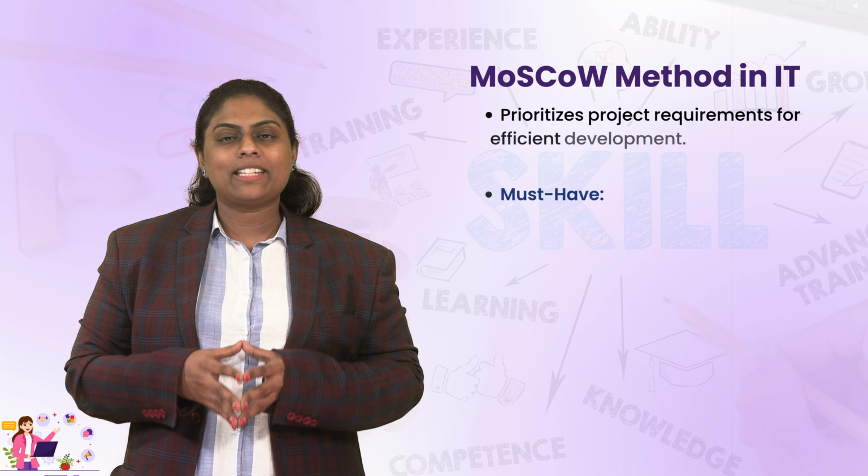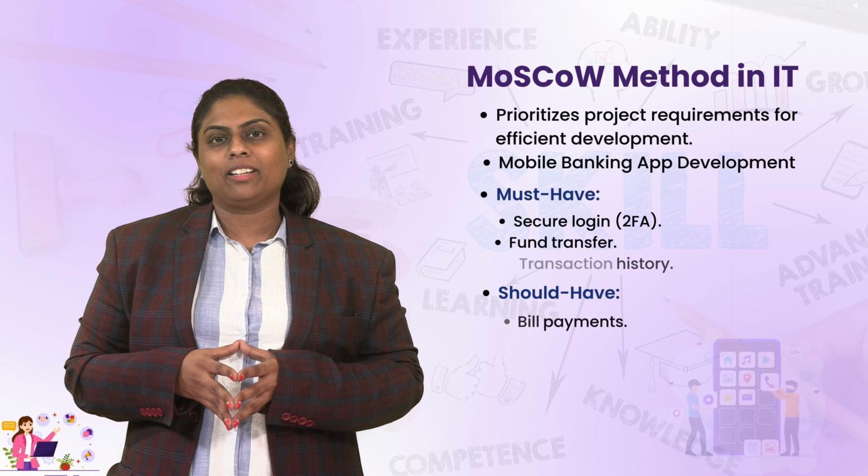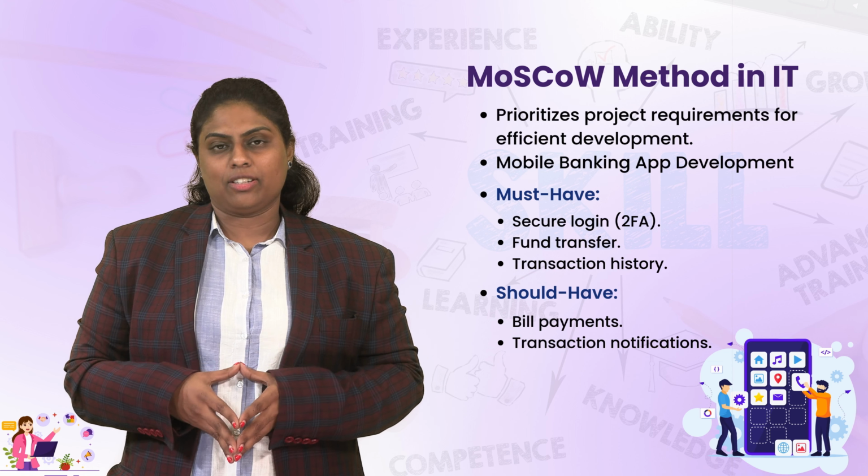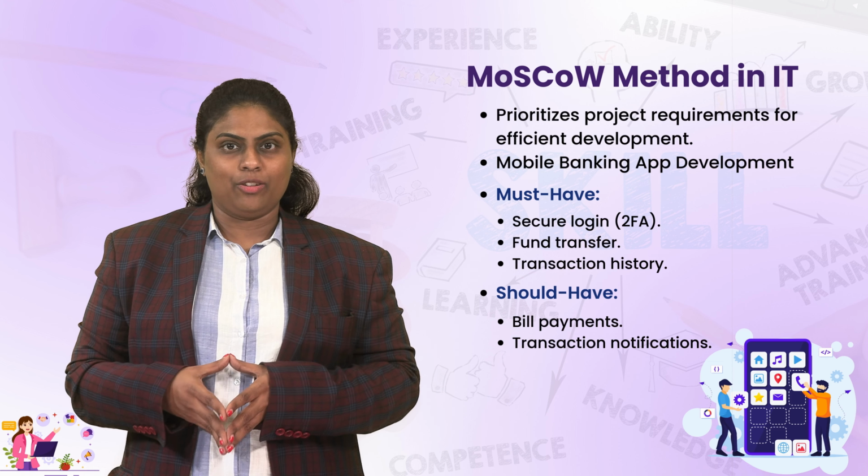Now, the second method is the MoSCoW method in the IT sector. The MoSCoW method prioritizes project requirements, helping IT teams focus on critical features while balancing timelines and resources. For example, developing a mobile banking app. MoSCoW prioritization: must have includes secure login, that is 2FA, fund transfer functionality, transaction history view.